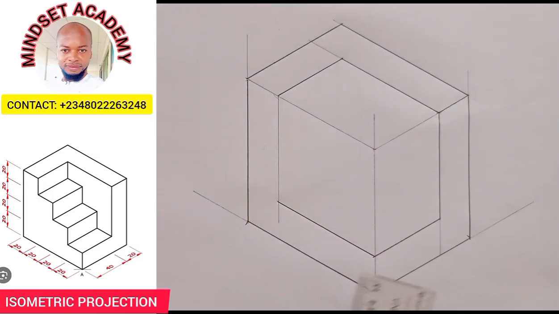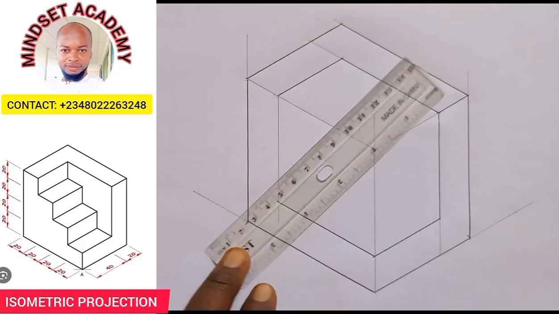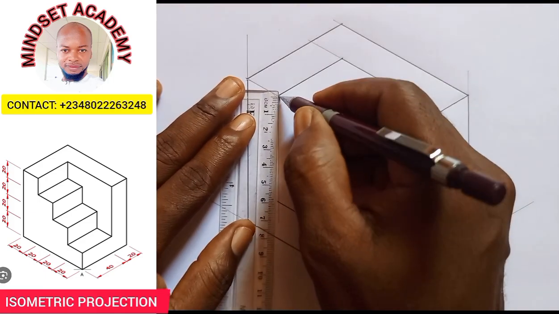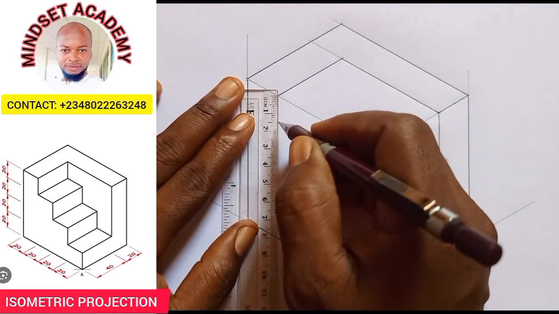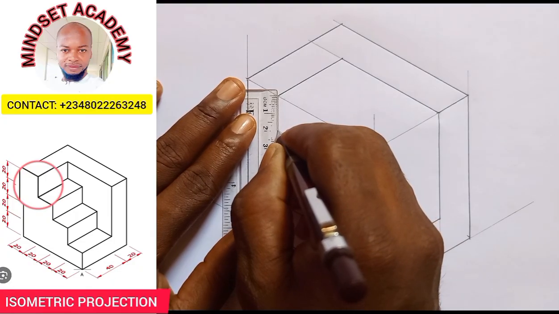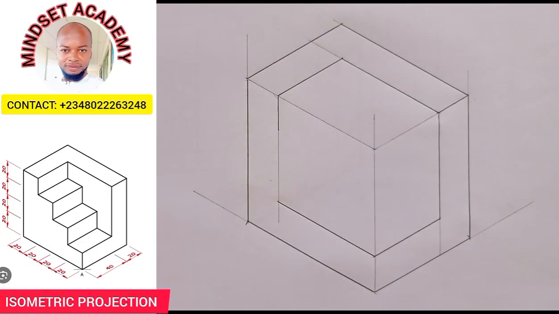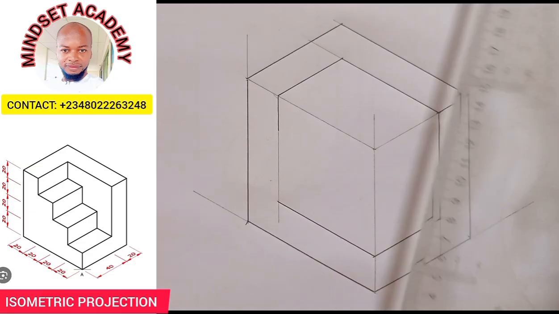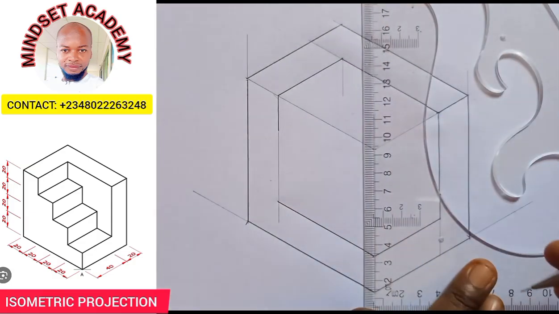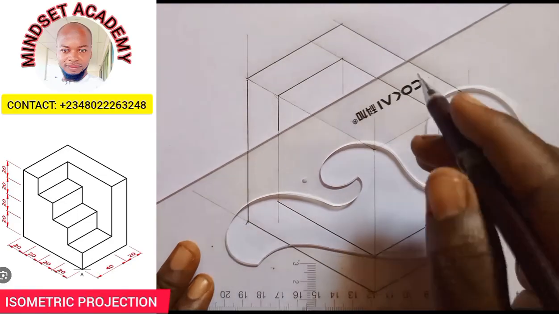So I have from this point, I'm going to measure 20 from 0 to 20, which I'm going to take in. So once I bring that one down, I'll come immediately, I'll bring it down to 20, and I'll connect from this point.